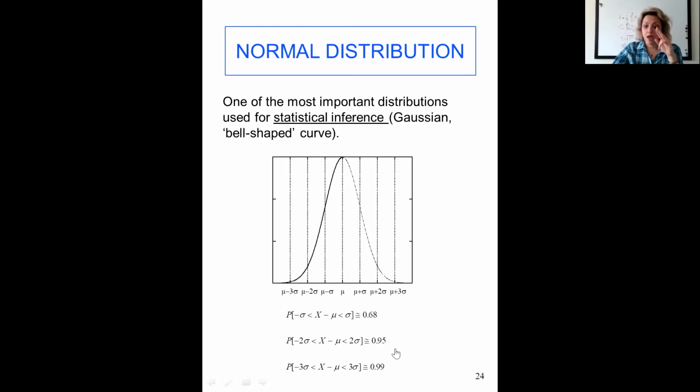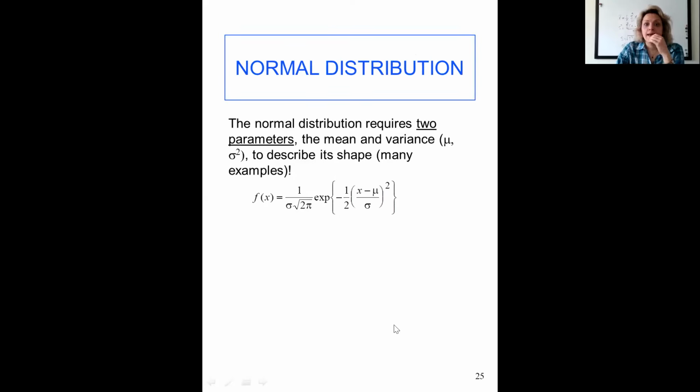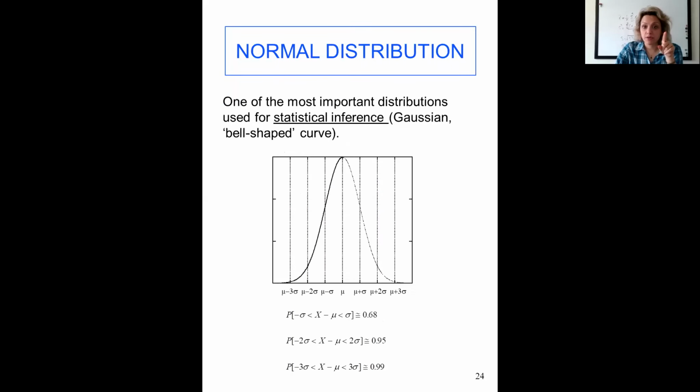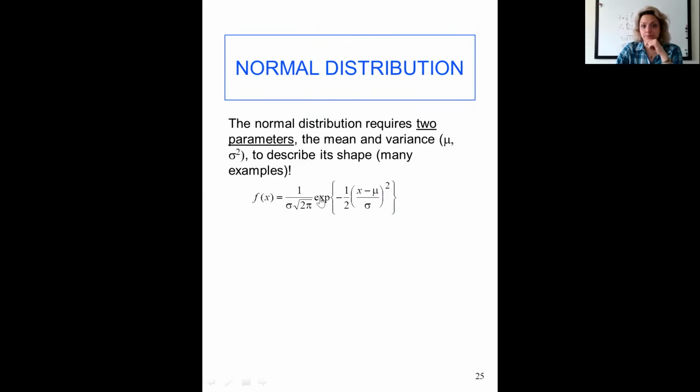So it should have a bell-shaped curve, as well as covering this amount of the data points, like probabilities. For the normal distribution curve, because here we have the curve, the equation of this curve is going to be equal to this.